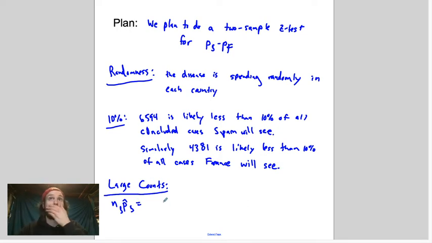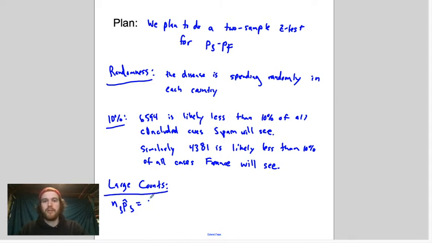So basically, the total number, our sample size in Spain, times the probability of perishing from the disease. Well, we know that we're determining this from the number of fatalities that have happened, and we already know that.